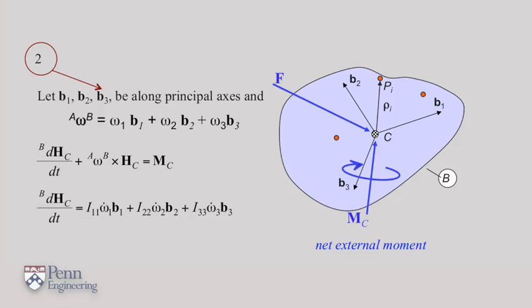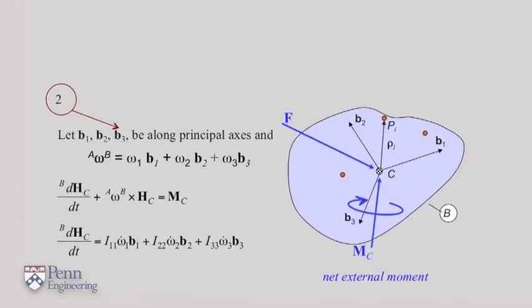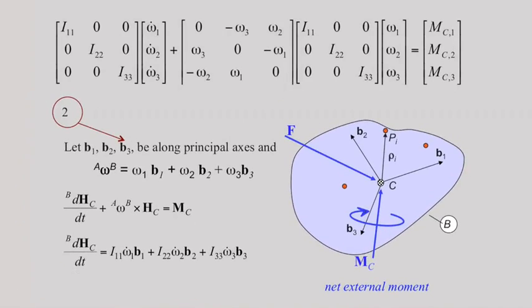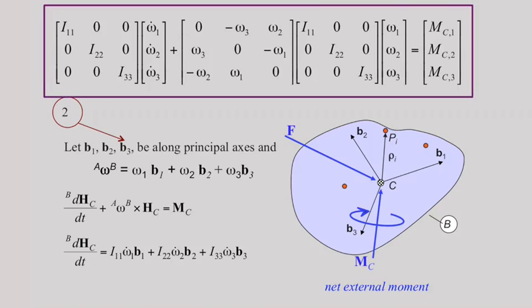The second term on the left-hand side of the equation immediately above that, which is omega cross h, can be written again in component form. And that gives you the matrix equation that you see on top. These are Euler's equations of motion. You can see they're quite compact.